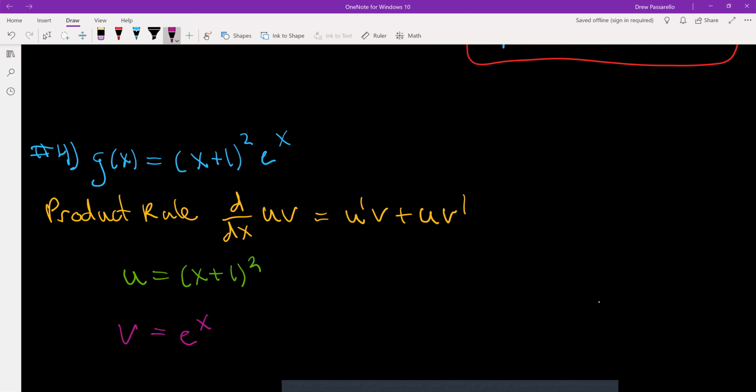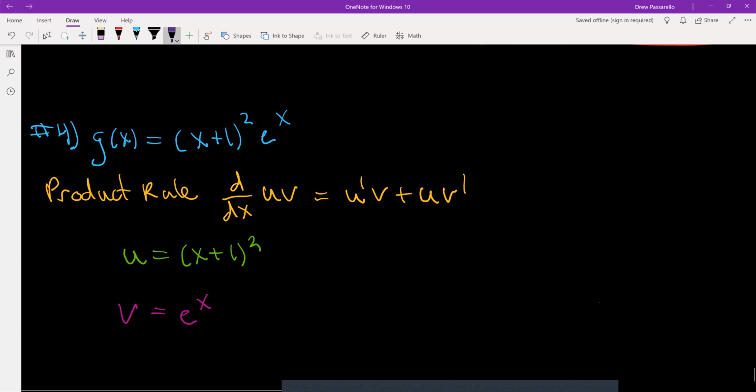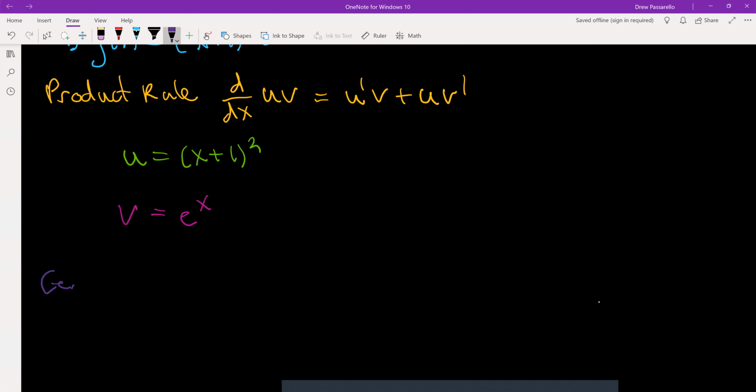So u prime is the derivative of x plus 1 squared. And that's going to use the general power rule. So let me write that down. It's really just a chain rule.